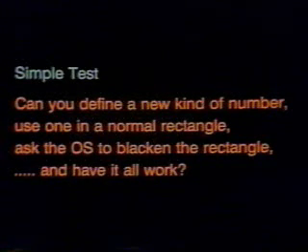But once you've done that, can you use one of your numbers in a rectangle that's a part of some program that you're writing to do graphics, and then tell the operating system to blacken that rectangle and have it all work? And what it requires is that all of the operations that want to get done are done by sending messages, and moreover that you can add your own new kinds of messages and have them work.